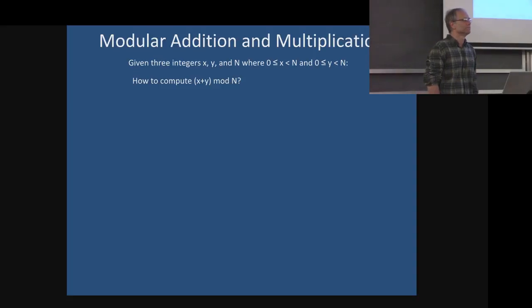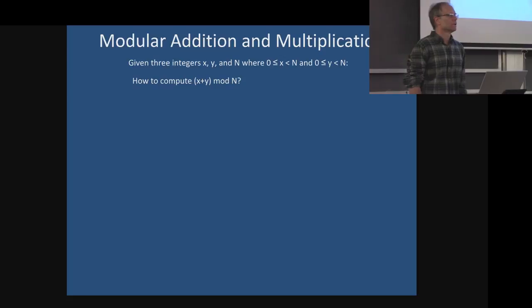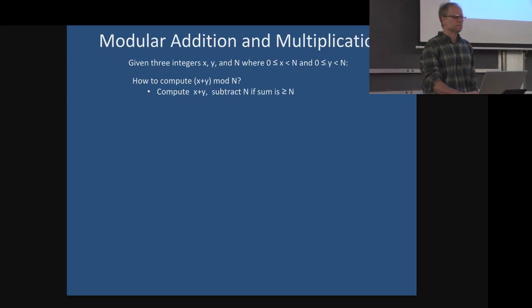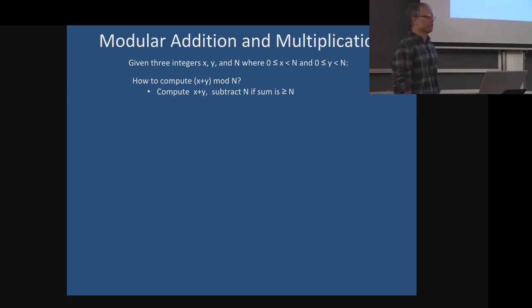Well, yes, adding x and y and modding the result by n, but you optimize it and you don't actually do division because you're guaranteed that you're off by at most n. So you just do a check to see, do I need to subtract n? We add x and y, and then if you have to, you subtract n.